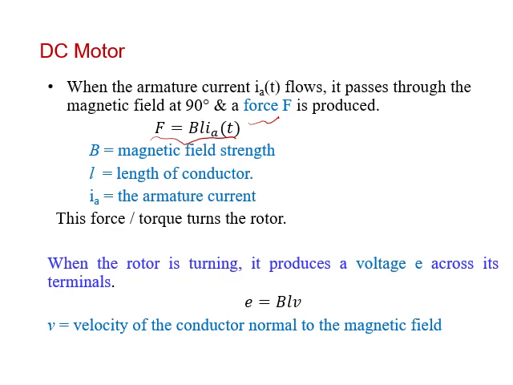Now, due to the rotation, there will be a voltage generated, voltage E generated. That voltage is to be calculated as B into L into V, where V is the velocity. Remember, we are going to allow current to go to the motor. Motor will rotate. The rotation will result in a voltage, which is calculated as I'm showing you here.